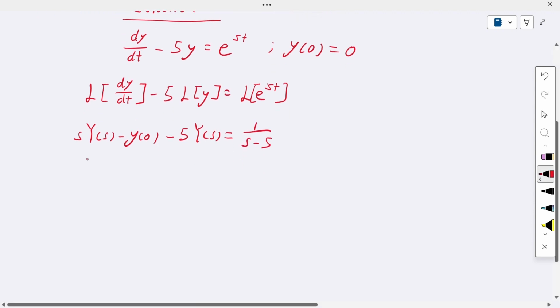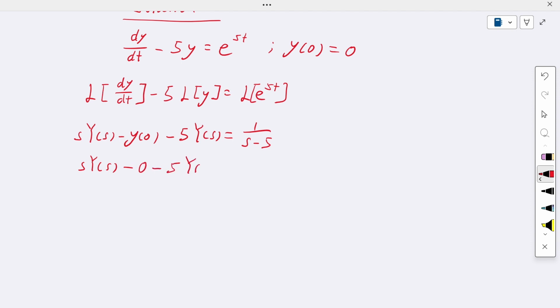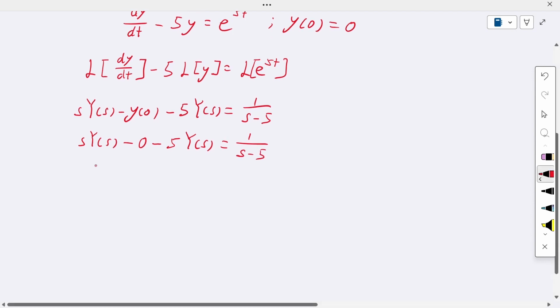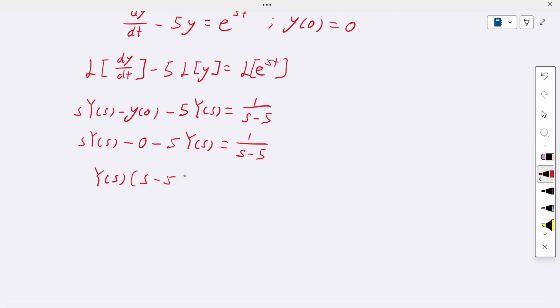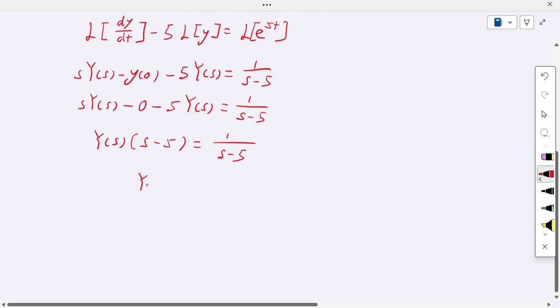Okay, so now we substitute the initial conditions. So y(0) is equal to 0, minus 5 capital Y(x), equal to 1/(x - 5). So in this case, we can factor out capital Y(x). So here we have (x - 5) Y(x) is equal to 1/(x - 5). Okay, so we shift (x - 5) to the right hand side.